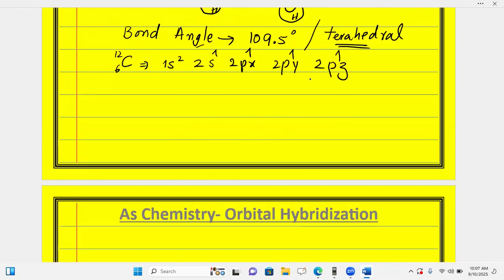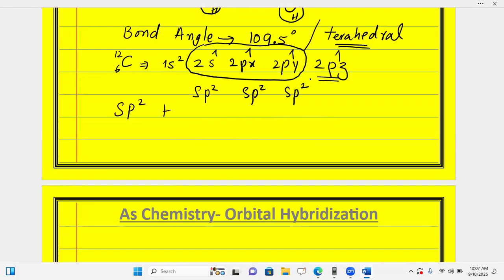Here 1s intermixes with two of the 2p orbitals to produce 3 hybrid orbitals, sp2, sp2, and sp2, but 2pz is not participating. Such type of hybridization is called sp2 hybridization.